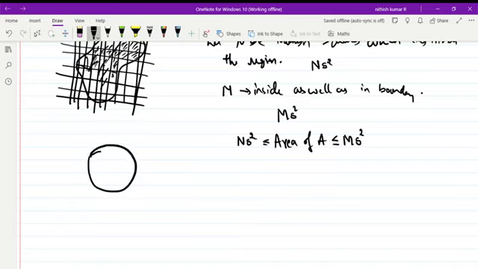Now divide it into equal segments and arrange them as in the figure. Say this circle is C.